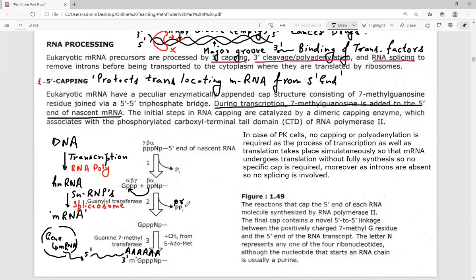Once the pyrophosphate is released, it will be hydrolyzed.